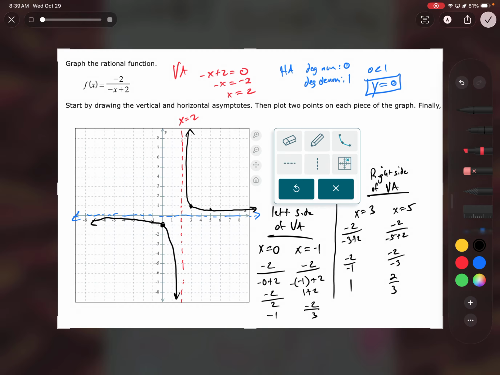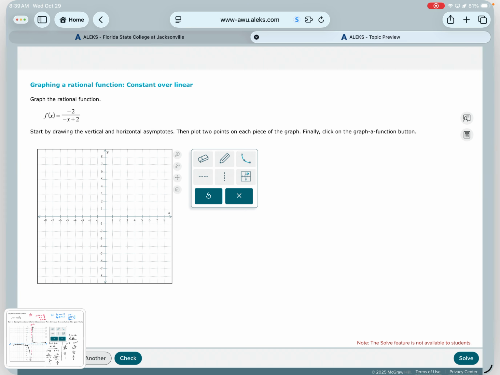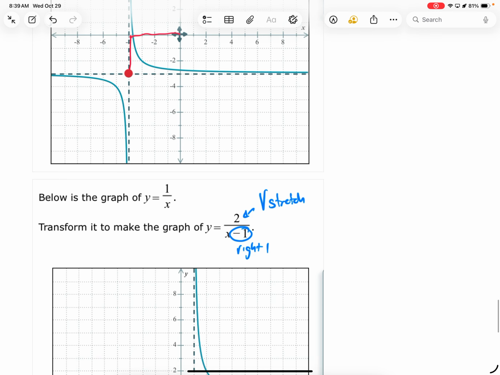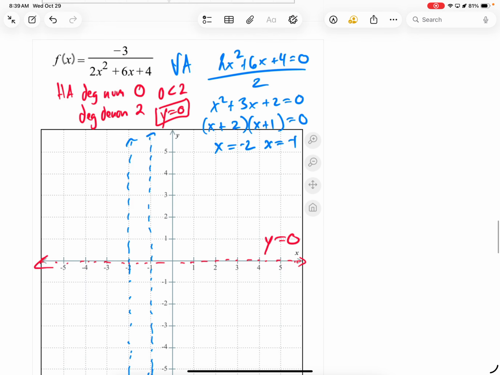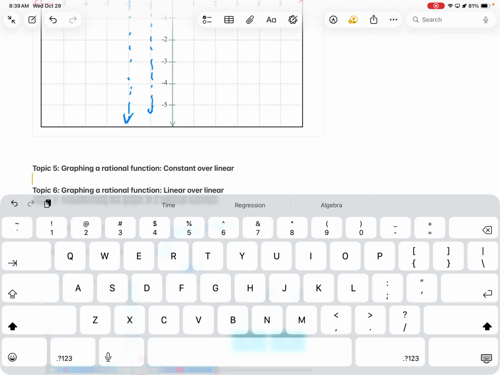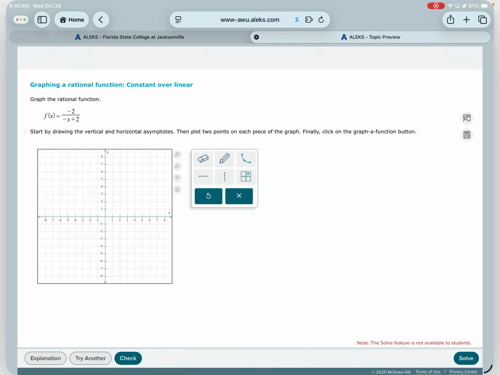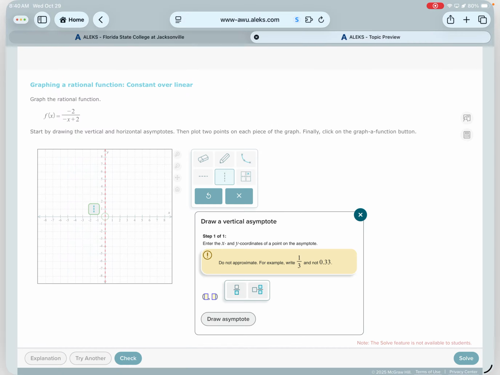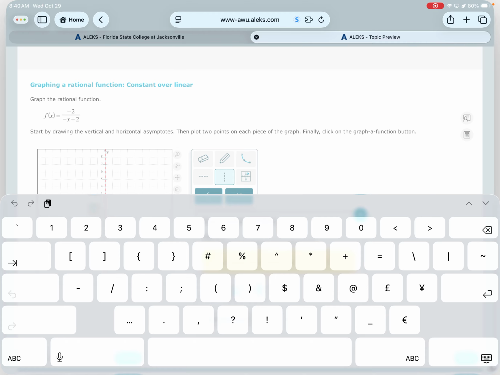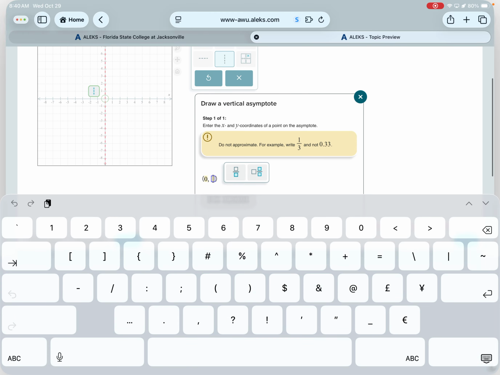Okay? Now this is even easier on Alex, let's see if I can do this fast on Alex since we already did these. On Alex, it's going to make me enter a coordinate? What was it? 0 equals negative, no, it's +2, wasn't it? Oh, so it would be 2, 0.